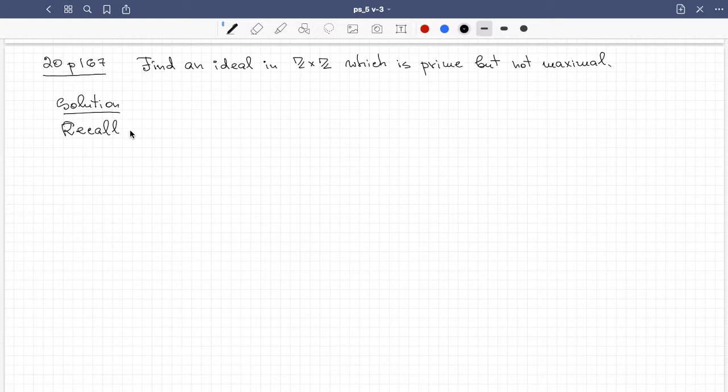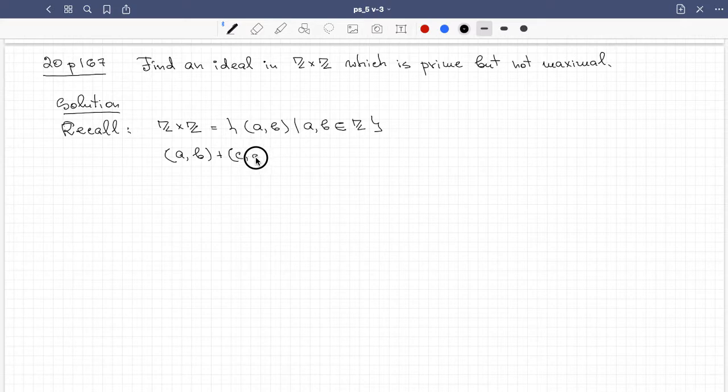Z cross Z, by definition of Cartesian product of rings, is the set of ordered pairs (A, B), A and B both integers. And the operations here, this is a ring, operations are defined by component-wise addition and multiplication.